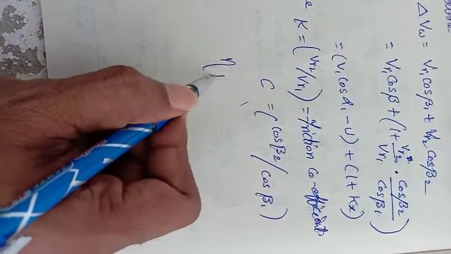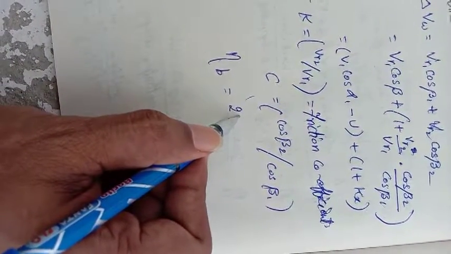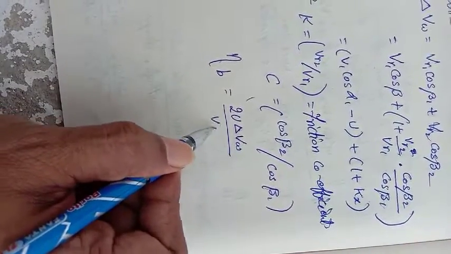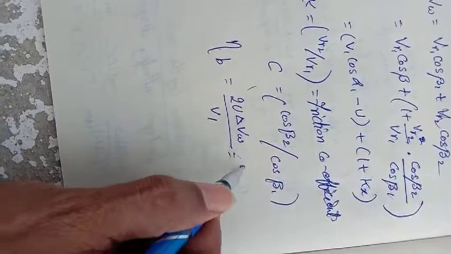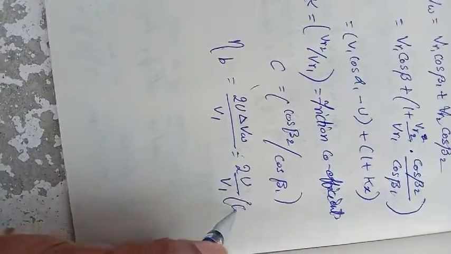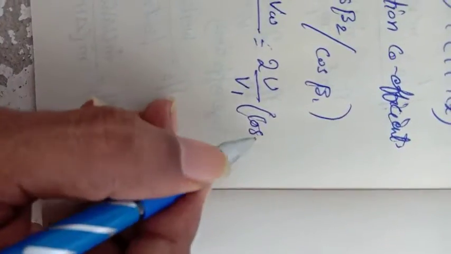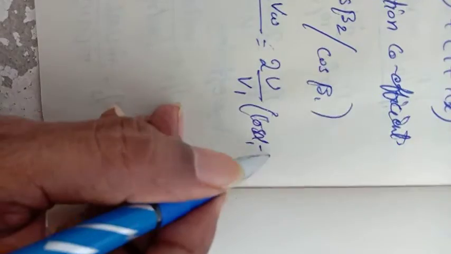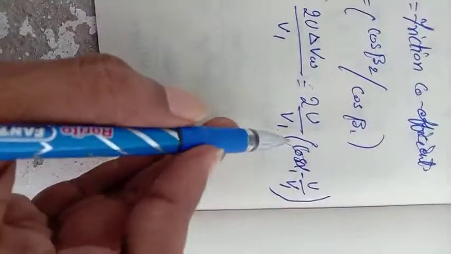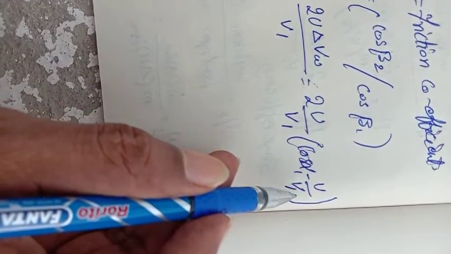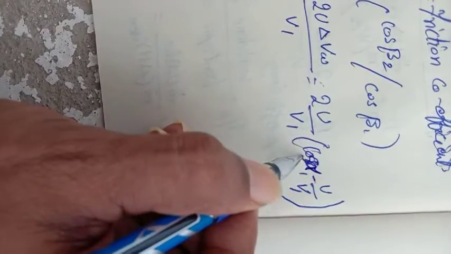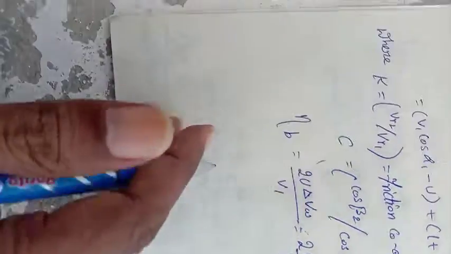Okay, now we know efficiency of blade is equal to 2u change in wheel velocity divided by V1 square. Then we can write this as 2u by V1 into cos alpha 1 minus u by V1 into 1 plus kc.